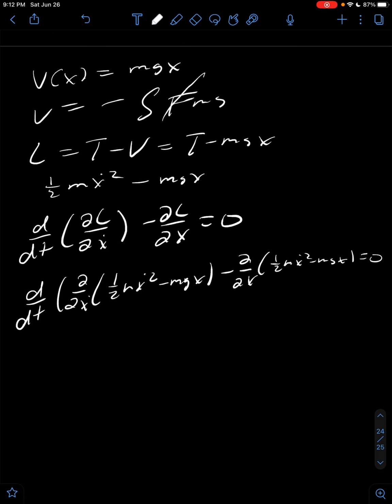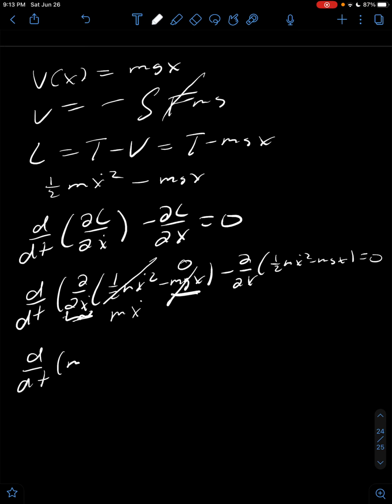Well, we can easily see that the partial derivative of the potential with respect to the velocity is going to be 0. The potential does not depend on your velocity. So this is going to be 0 once acted upon by this derivative operator. And this is just going to be m x dot when we apply our derivative.